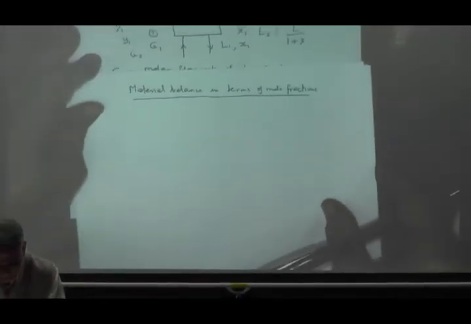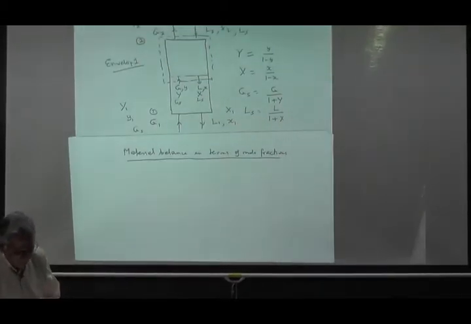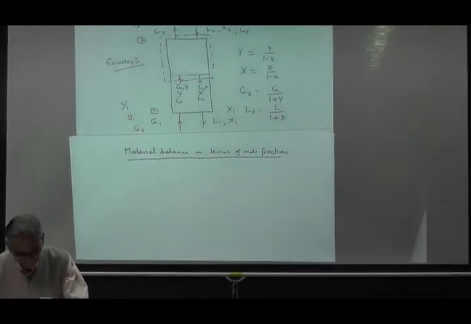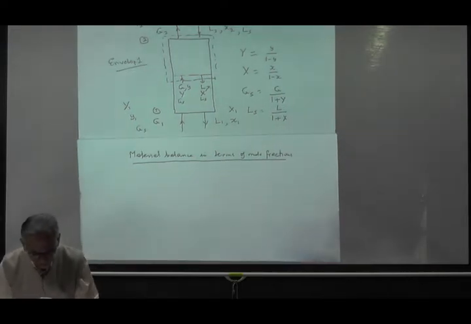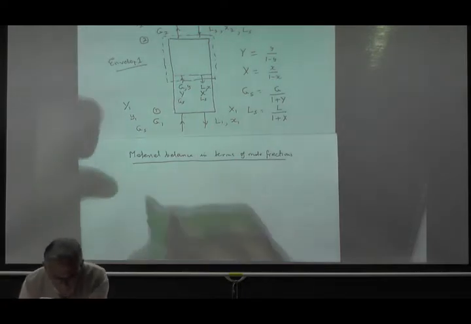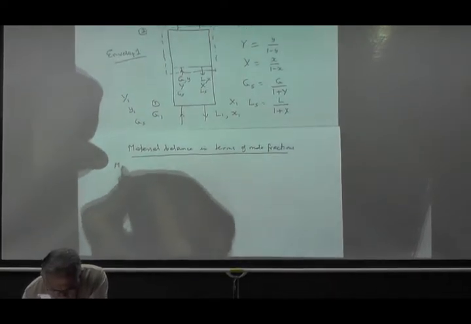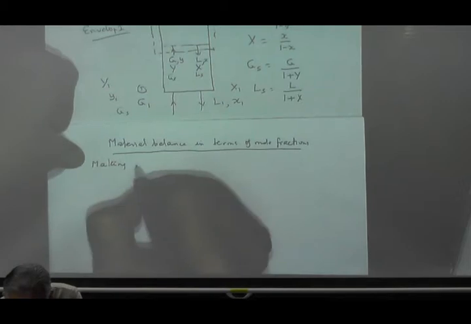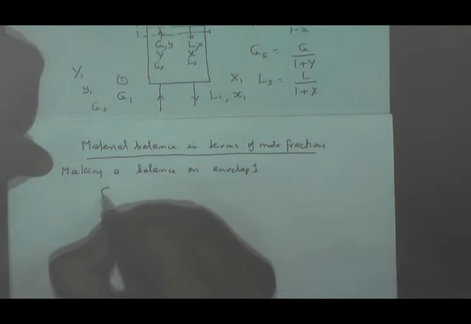So supposing, just as we did earlier, we make a balance on envelope 1, what will be this balance in terms of mole fractions? How much is coming in? How much is going out? Yeah, so making a balance on envelope 1, we have G, sorry.